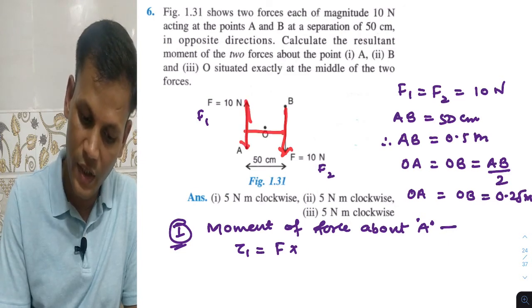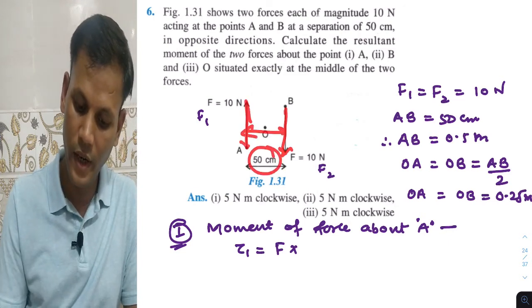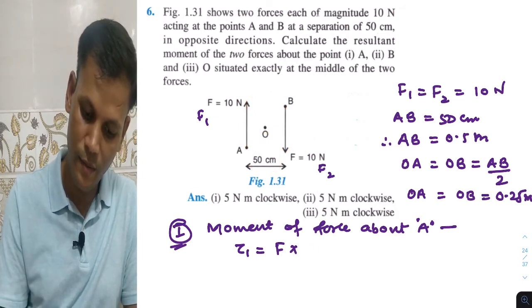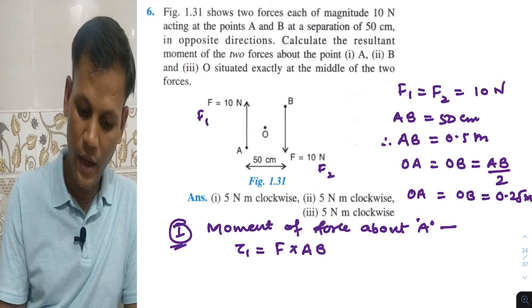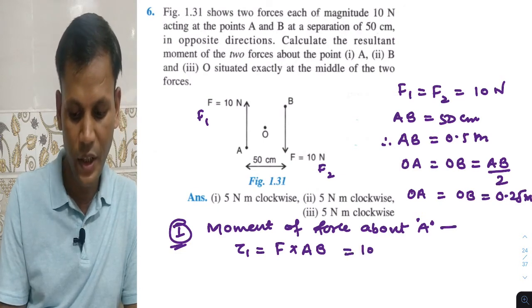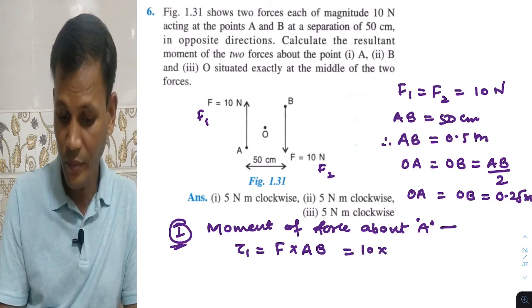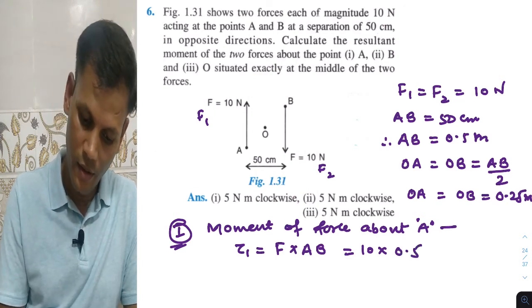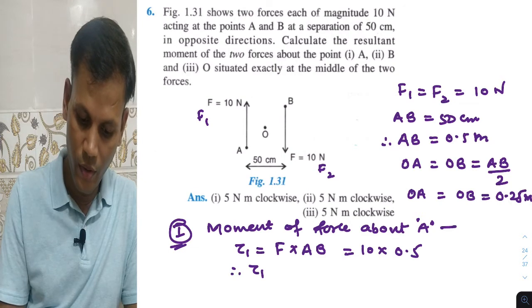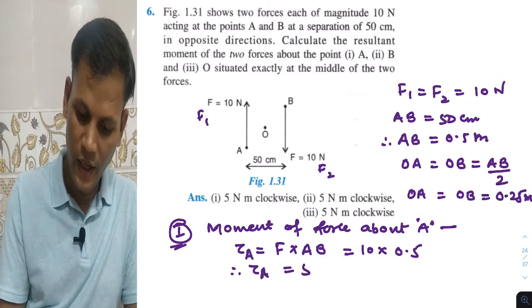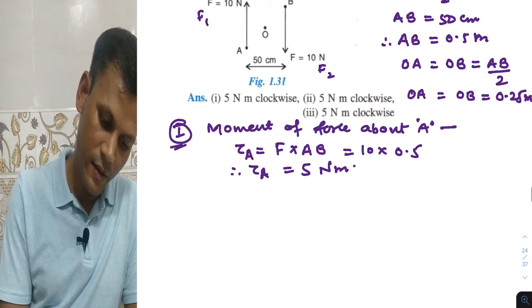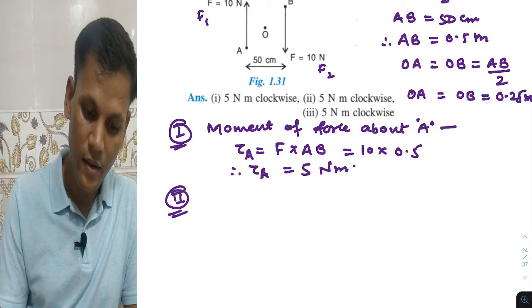The distance between these two forces is 0.5. So F is 10 into AB is 0.5, so tau A will be 5 Newton meter.